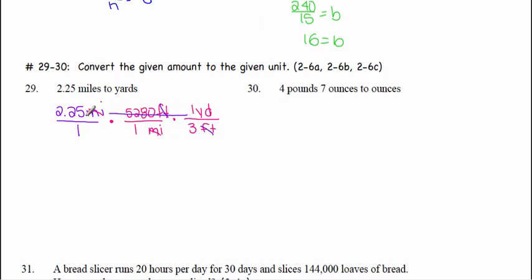So I have 2.25 times 5,280, which is equal to 11,880. And then my denominator is 3. Do that division. And my final answer is 3,960 yards.